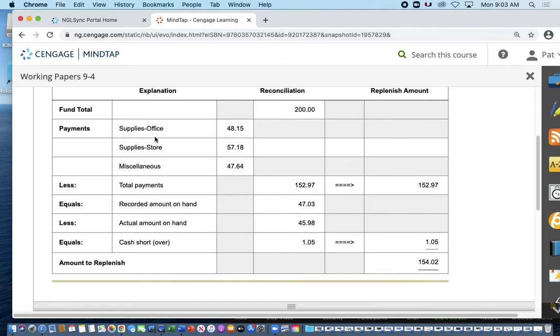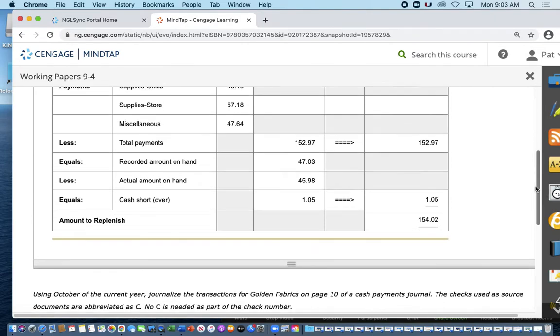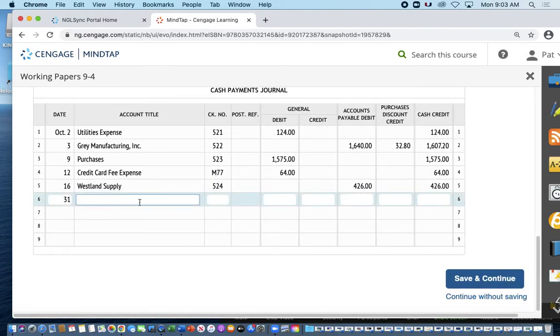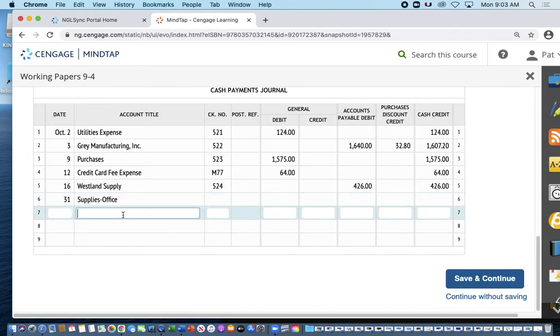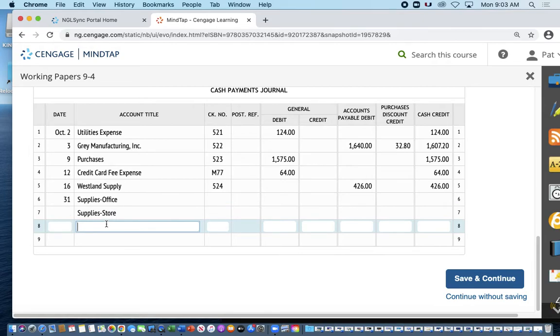So we need to write supplies, office, store, and miscellaneous. So those are our first things. Supplies, I think you've got to put a dash. Supplies, office, I'm going to write them first. Supplies, store, and miscellaneous. And miscellaneous has got to be expense after.